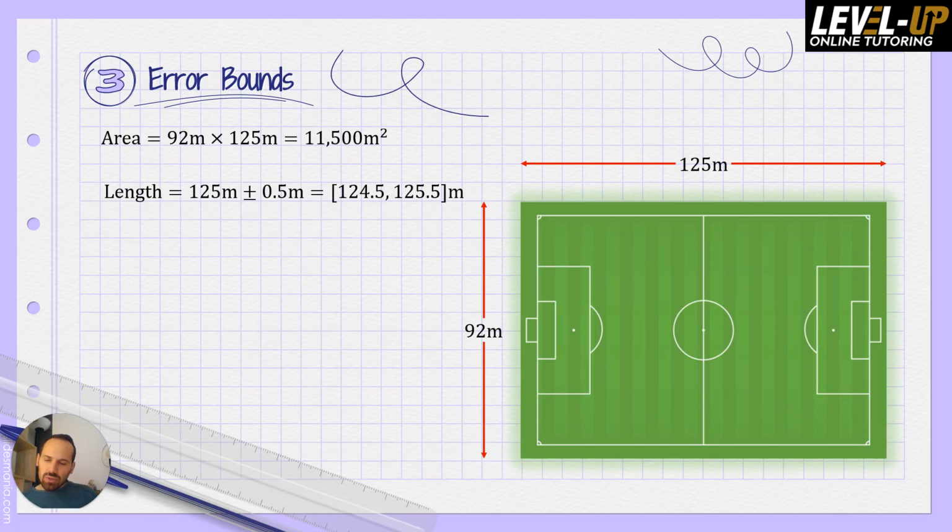If it was slightly below 124.5, it would round down to 124, and if it was slightly higher than 125.5, it would round up to 126. I mean, 125.5 would technically round up to 126.